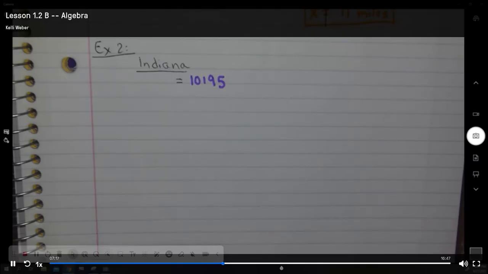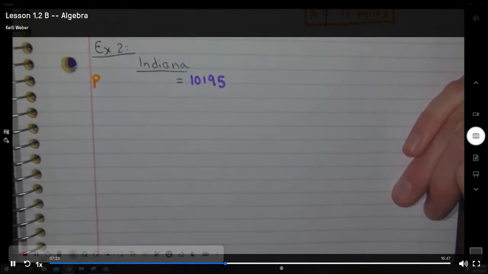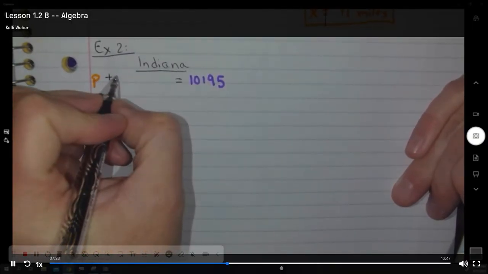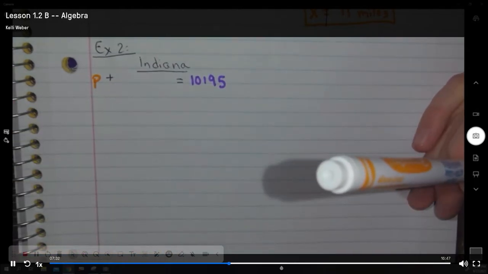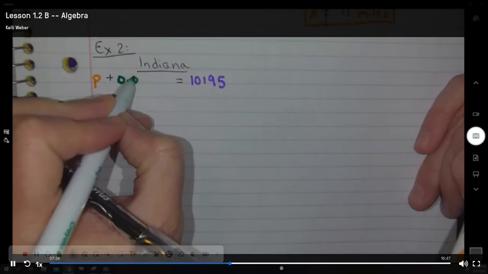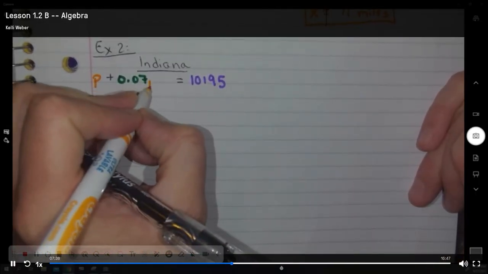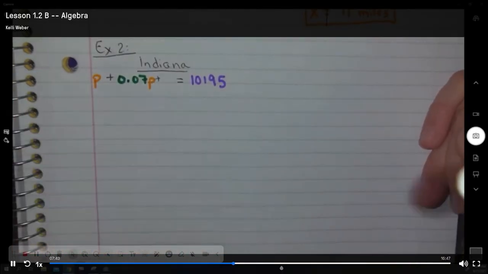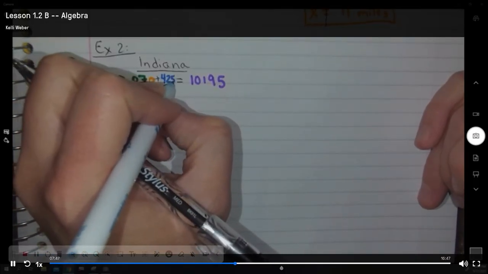We currently don't know the total amount, so we're going to call this price P. So we're going to pay our total amount plus we're going to pay 7%. 7%, remember, we can write it as 0.07. And we're multiplying 0.07, that tax, times P, plus our $425 from those additional fees.